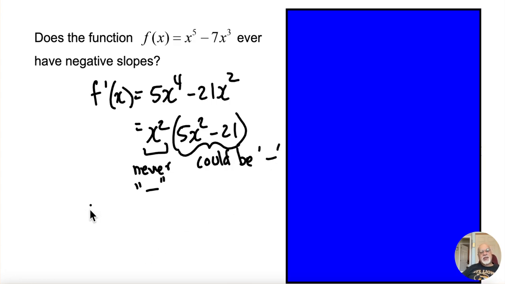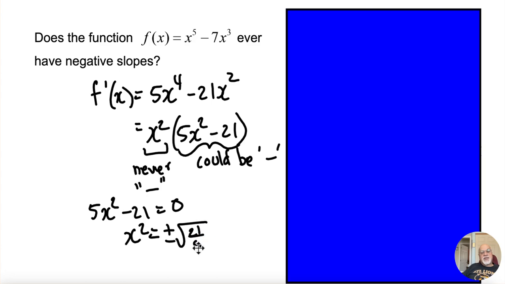So it could be negative. So if we set that to 0, 5x squared minus 21 is equal to 0, we end up getting x squared is equal to 21/5, so x is plus or minus the square root of 21/5, which is equal to plus or minus 2.04. So at plus 2.04 and minus 2.04, we have horizontal tangents.